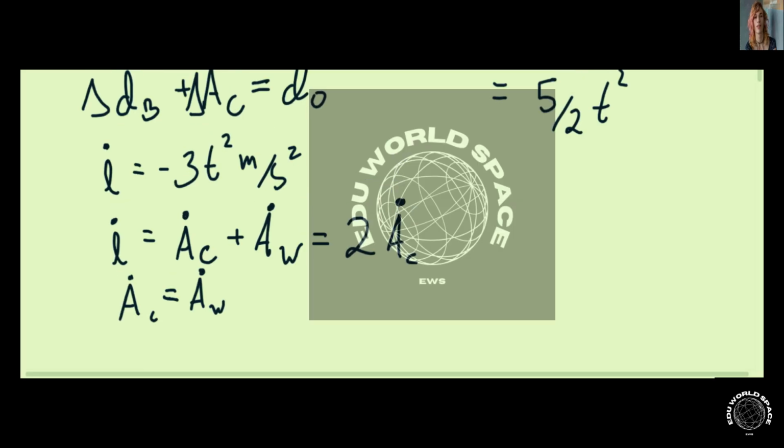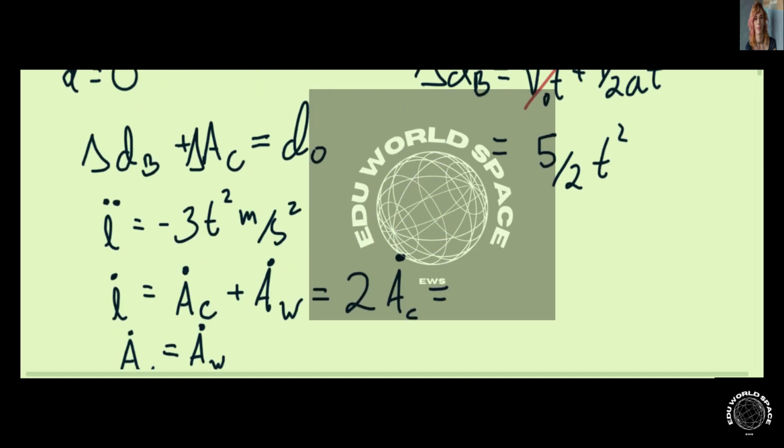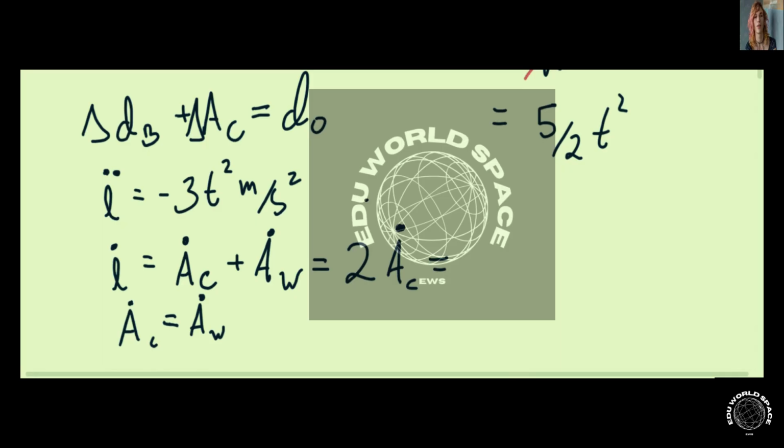Now that we have that, we can plug in our equation for L dot here that we defined as minus 3t squared. Excuse me, this should be L double dot because this is the acceleration. So before we get L dot, we should figure out what that is.